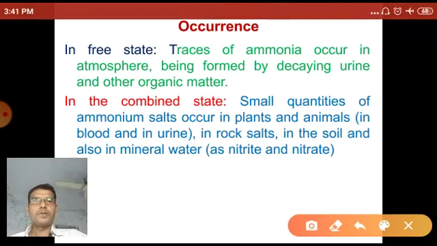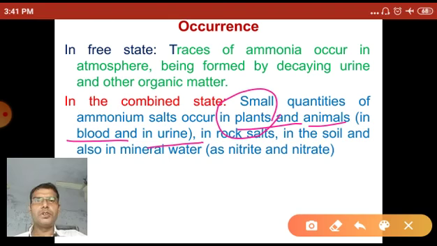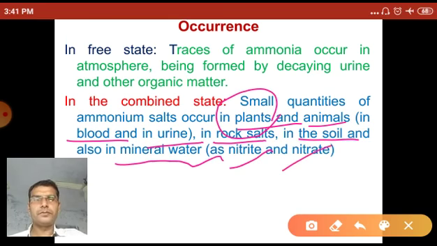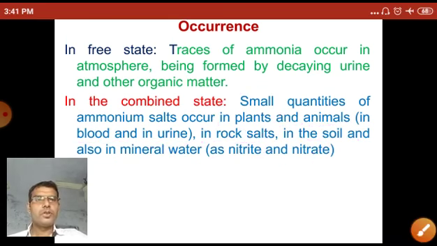Now in the combined state, a small quantity of ammonia is present in the form of ammonium salts, such as in animals' blood and urine, in plants in the form of proteins and other ammonium salts, in rocks, in soil, and also in mineral water in the form of nitrite and nitrate.